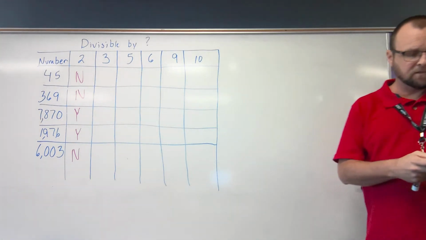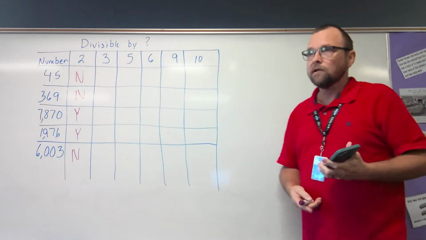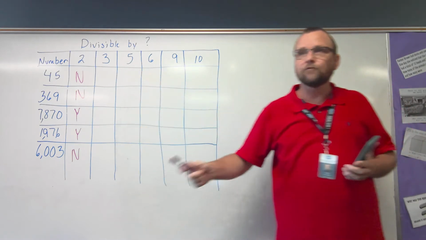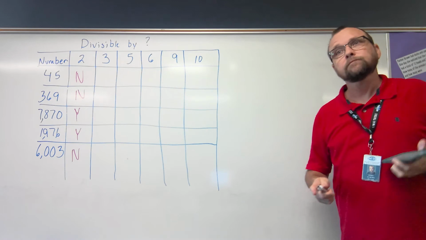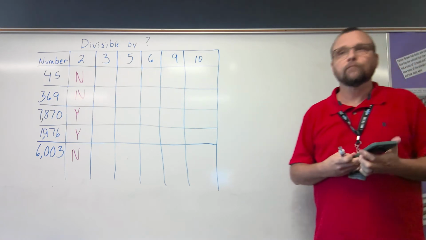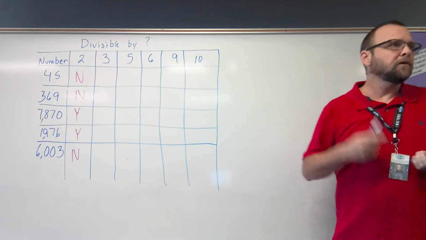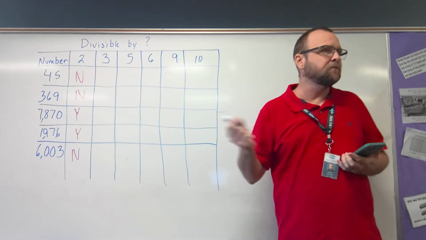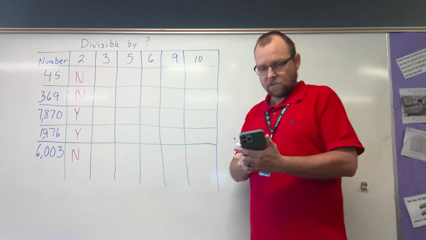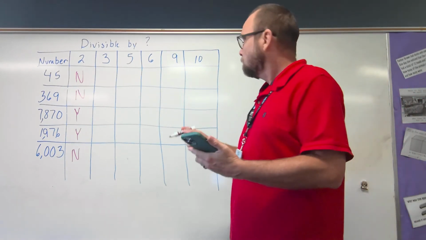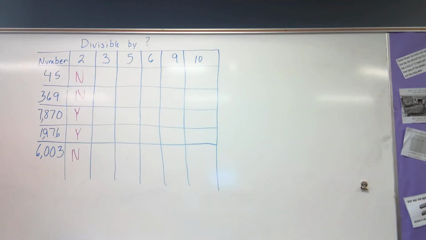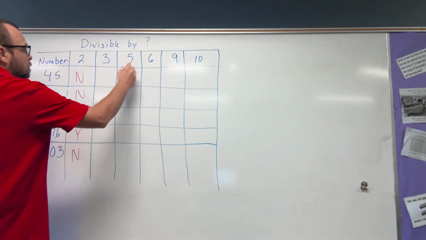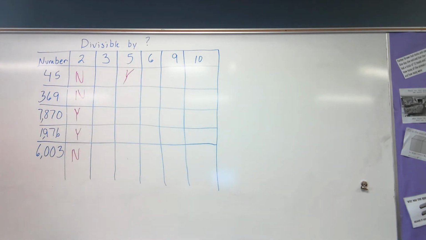Let's look at 5. Kira, what is my rule for 5? If it is a 5 or a 0, it can be divided by 5. Good. If it is a 5 or a 0 in the ones place, it's divisible by 5. So, Jaden, is 45 divisible by 5? Yes. Lily, is 369 divisible by 5?